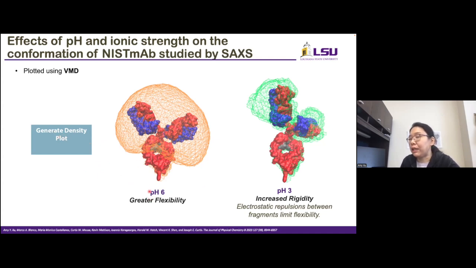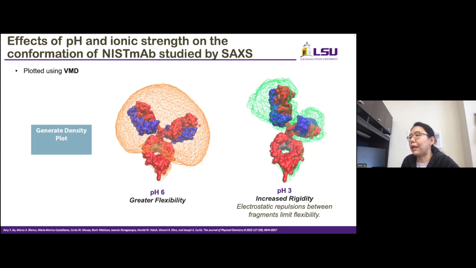So at pH 6, this meshed network represents the freedom of movement of these Fab domains. It means that the Fabs can be in different combinations, but they are all within this mesh network. And the antibody adopting these structures will generate a scattering curve that is in good agreement with experimental data.